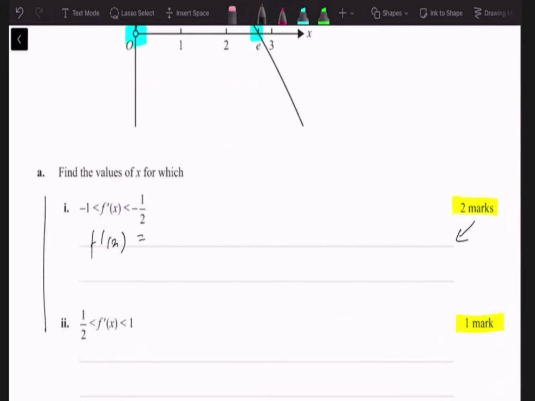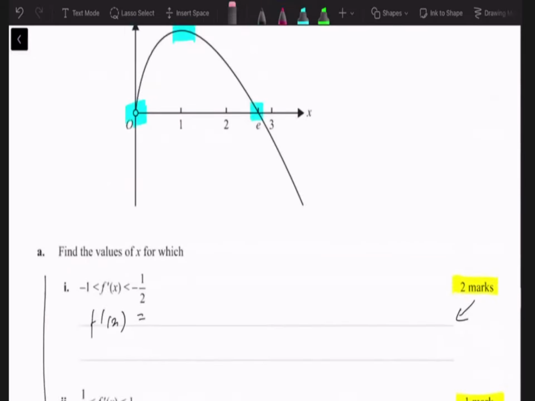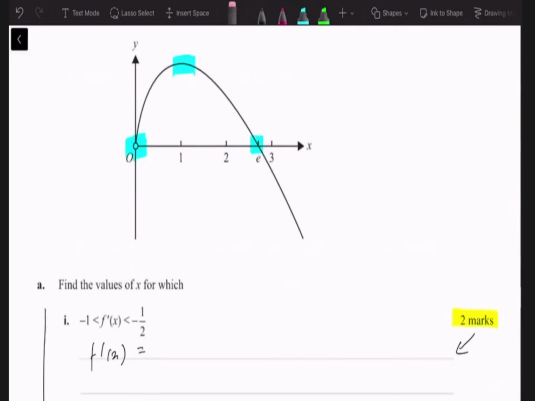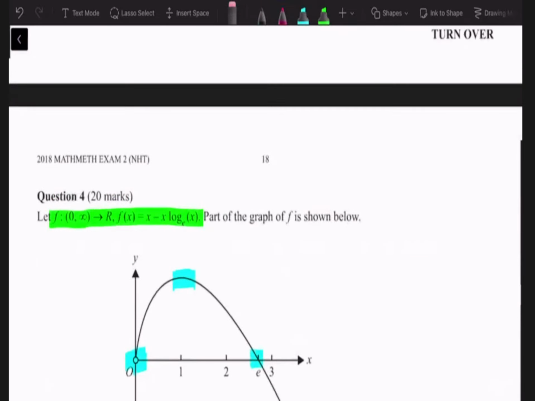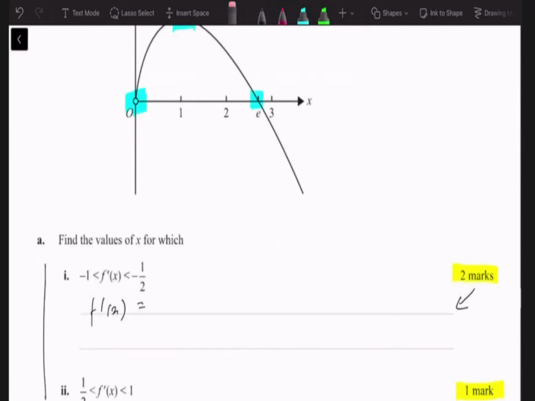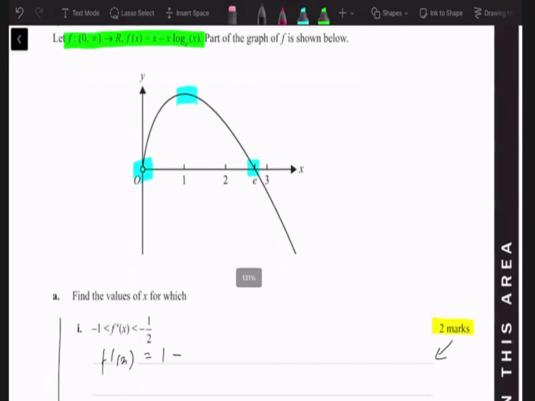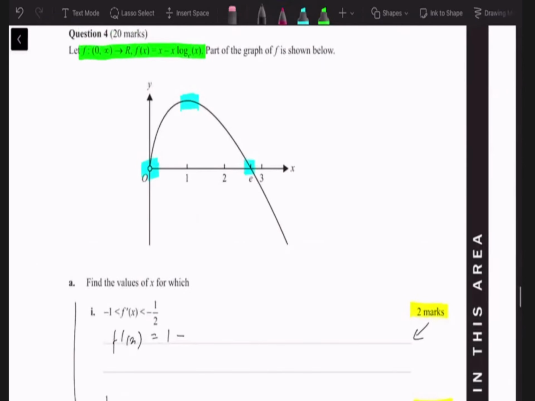So f dash x is 1 minus, if we differentiate x, it's nothing, so ln x, and then plus -1, so it's just going to be ln x, or you could just put it into your CAS.